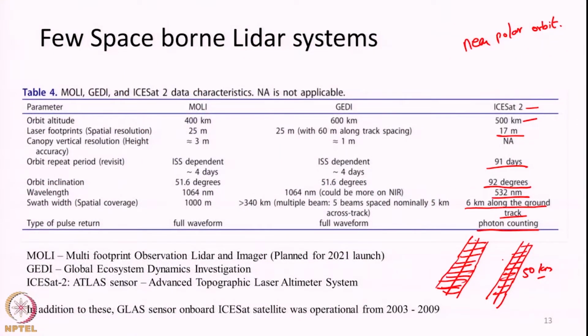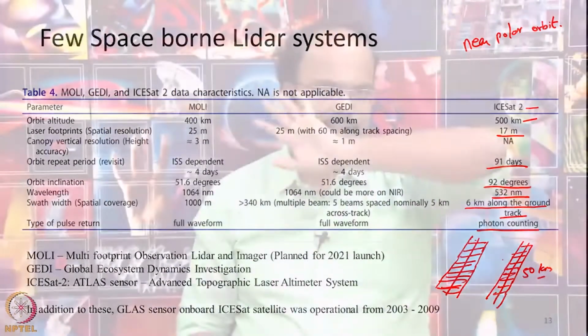So, the number of orbits the satellite should make before it covers the entire globe increases. In the discussions about the platforms I told you, some systems, almost all near polar satellites in sun synchronous orbits, have a repeat cycle once every 16 days, once every 24 days and so on, after making a certain number of orbits.